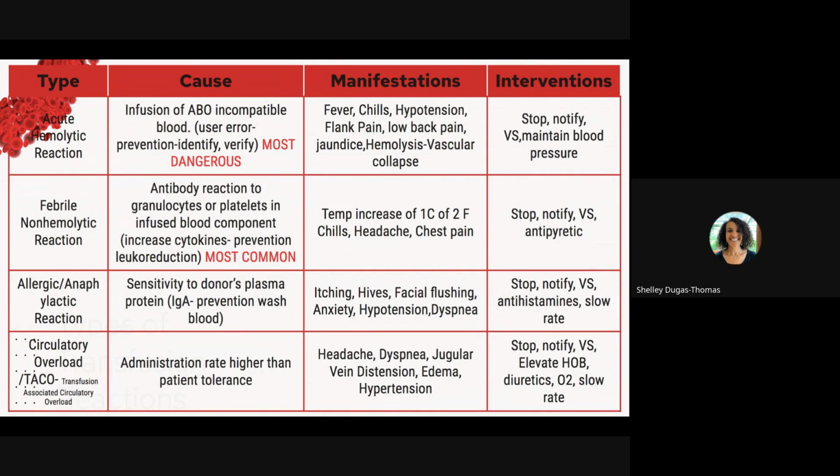And it's the most dangerous. With this one, you'll see fever, chills, hypotension, flank pain, low back pain, jaundice, hemolysis, which is vascular collapse. You, of course, want to immediately stop the transfusion, get vital signs, notify the provider.